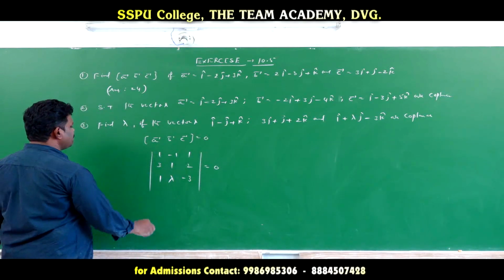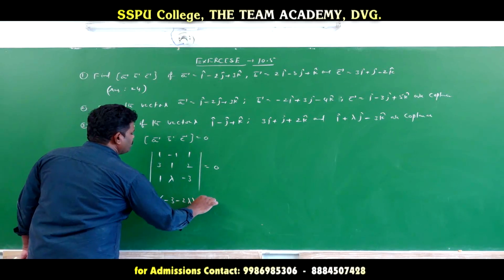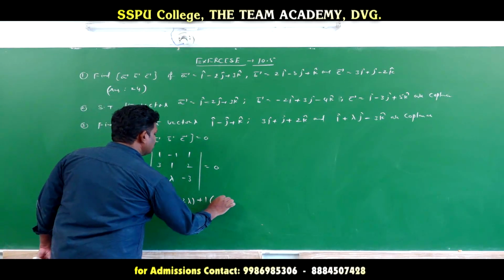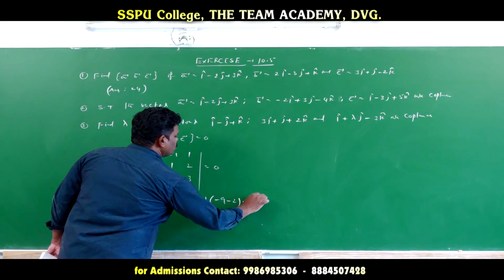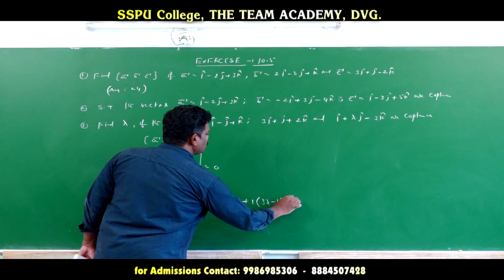Now if you find this lambda value: 1 into minus 3 minus 2 lambda, plus 1 into minus 9 minus 2, plus 1 into 3 lambda minus 1 is equal to 0.